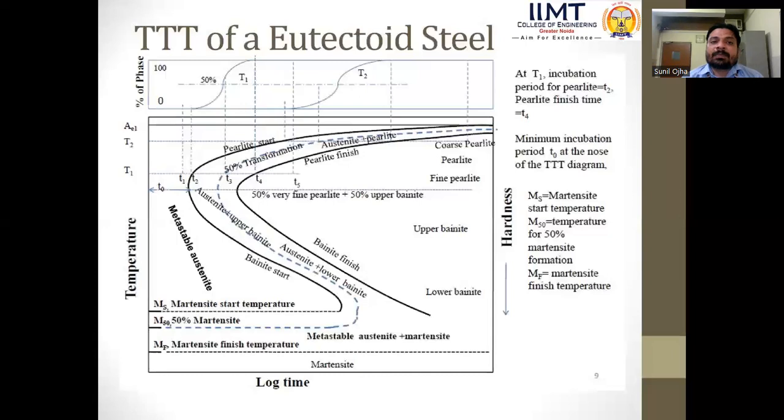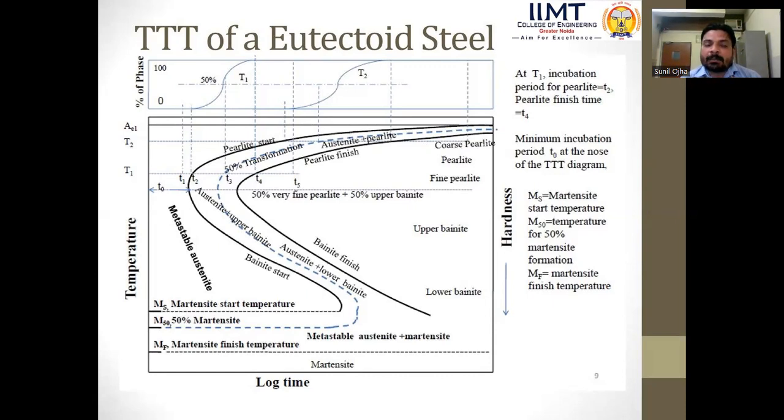So this is the time temperature transformation diagram of eutectoid steel. Simply, we say TTT diagram, time temperature transformation. You can see this is the temperature, this is the time, and for different microstructures and compositions, we can find out how the time and temperature transformation occurs in eutectoid steel by heating and cooling.